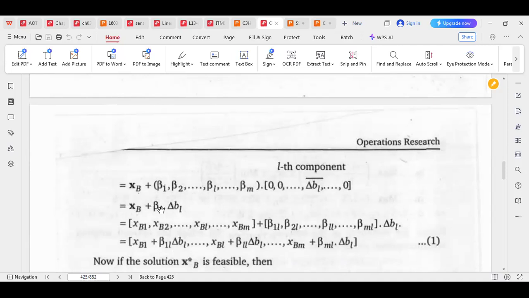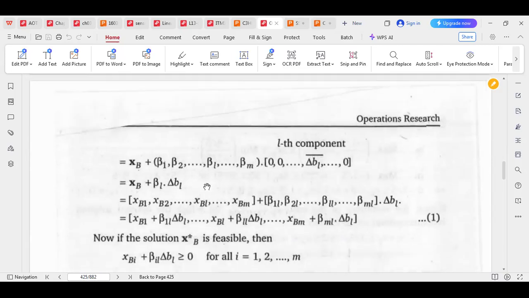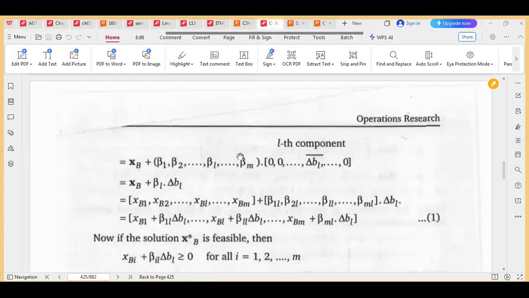We can write this as xb plus beta l times del bl, using the dot product of vectors. So xb can be written as xb1, xb2, up to xbl, up to xbm, and the dot product with beta l, which is beta 1l, beta 2l, up to beta ml, times del bl.